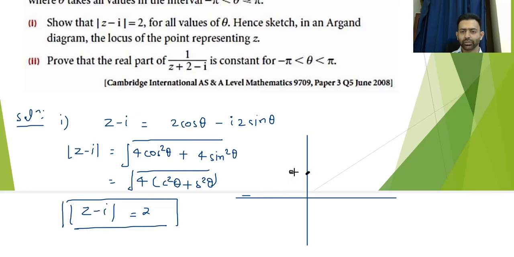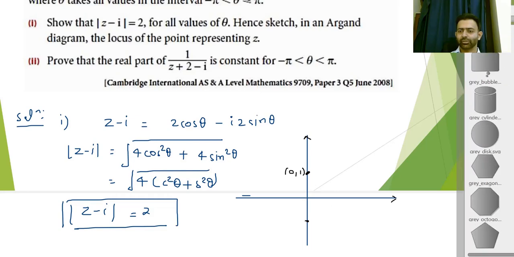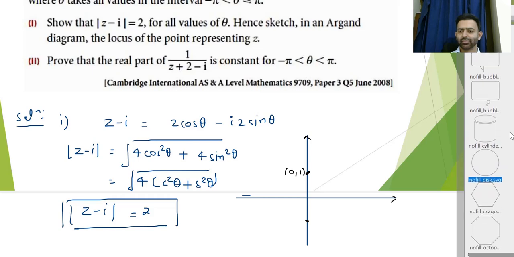So this point is basically 0 comma 1 in terms of Cartesian coordinates, and its radius is 2. So if this distance is 1, this distance is 2, so this has to be the radius, and you can draw the circle. Let me try.